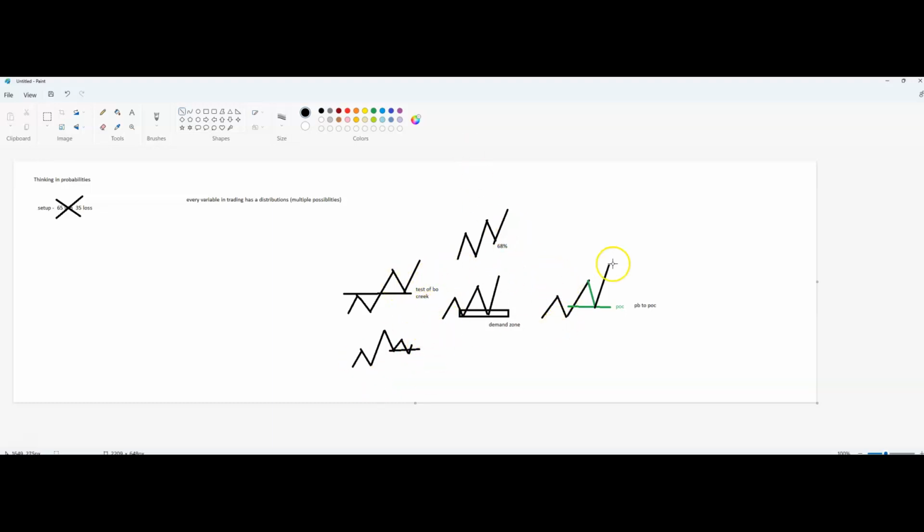Already you see multiple entry methods, multiple things that come to mind, right? So we don't know which one the market will respect, A, B, C, D, or E. Will it respond off the creek? Will it respond off this? Will the creek then be retested as a spring? Will there be a demand zone? Will it pull back to the POC? We just don't know which one it's going to be. So entry has all of these possibilities.